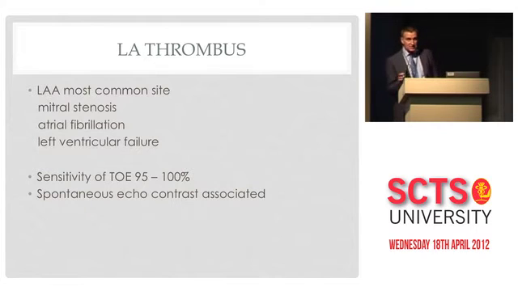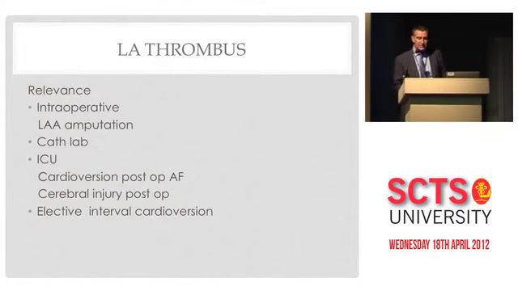Unlike transthoracic, the sensitivity of TOE for left atrial appendage thrombus is 95 to 100%, similar to what we find in aortic dissection. And we can often track spontaneous echo contrast, which points to the existence of left atrial appendage thrombus.